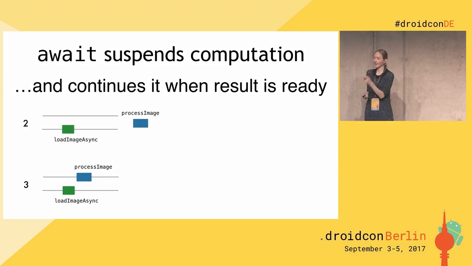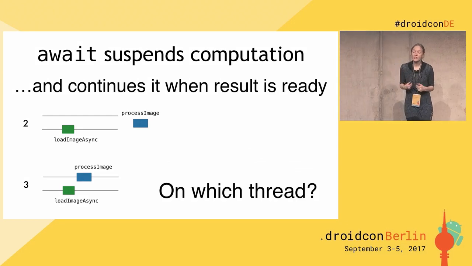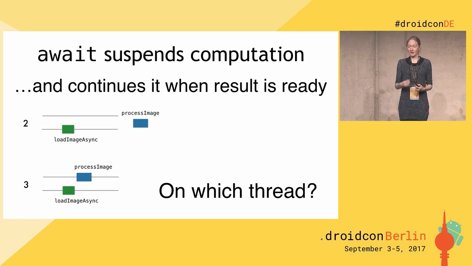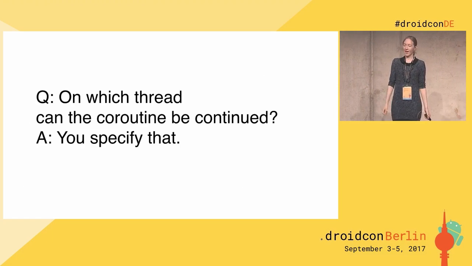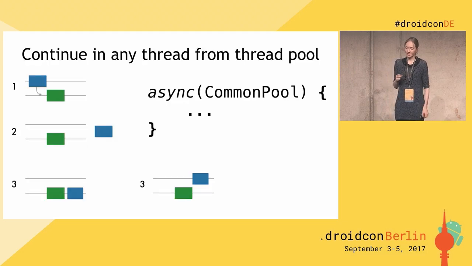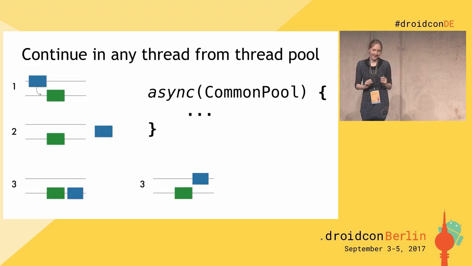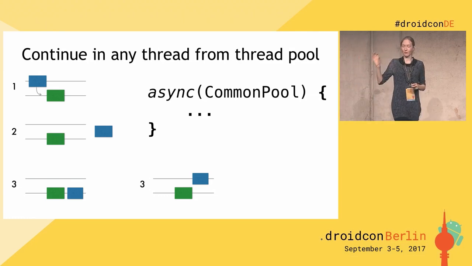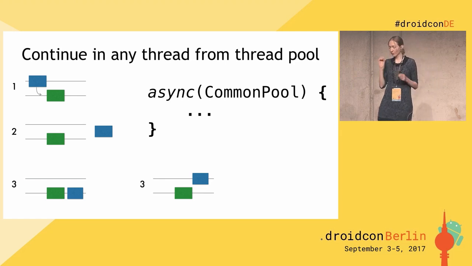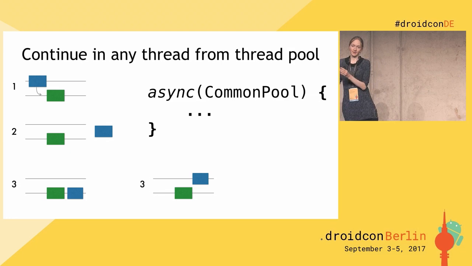And there can be a question on which thread it continues the computation. And the answer to it actually is that you specify that. And I have to admit here that I somewhat lied in the previous slide, because at least for now, you cannot use async without this first parameter that specifies where you want to start your coroutine. So for now, you have to specify this executor, where you want to start your coroutines.